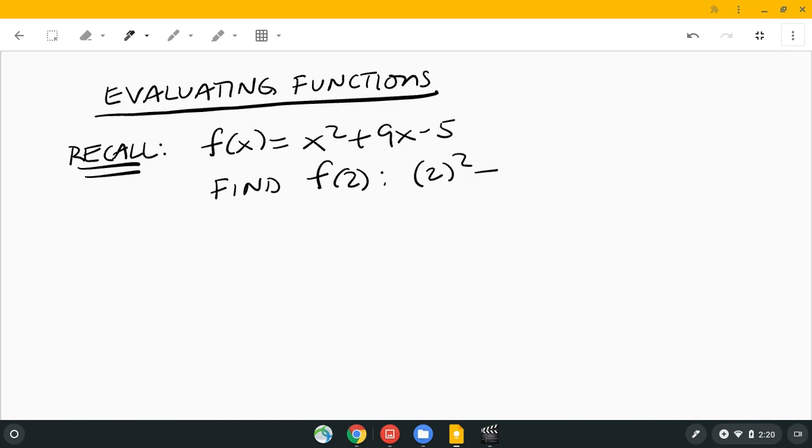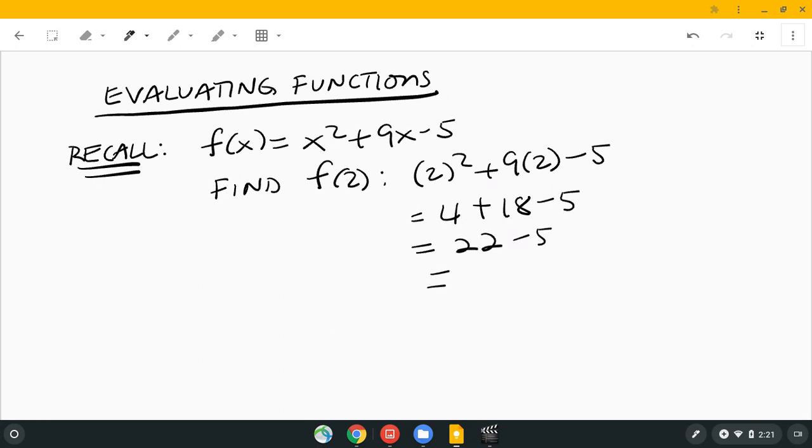So 2 squared plus 9 times 2 minus 5. Okay, and that will give me 4 plus 18 minus 5. That will give me 22 minus 5. And that will give me 17. So f of 2, that's how we read this, f of 2 equals 17.